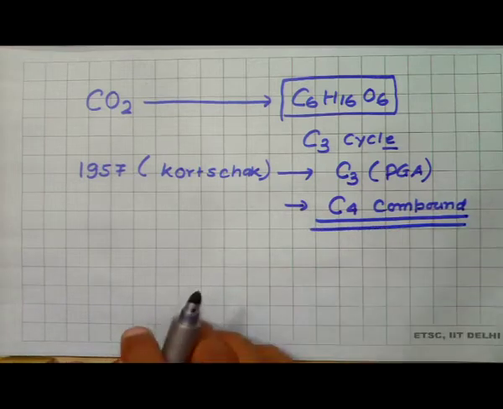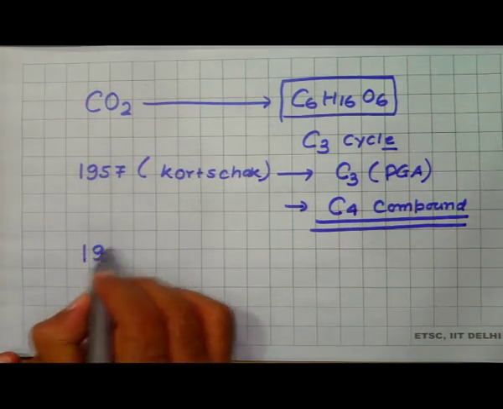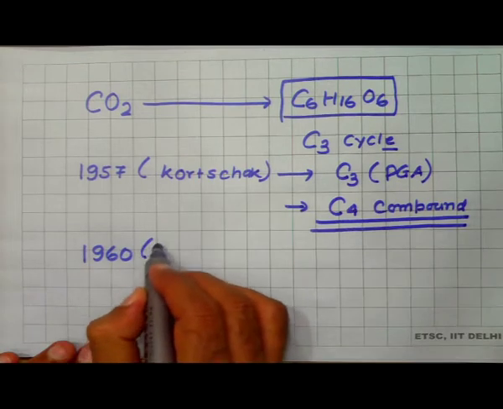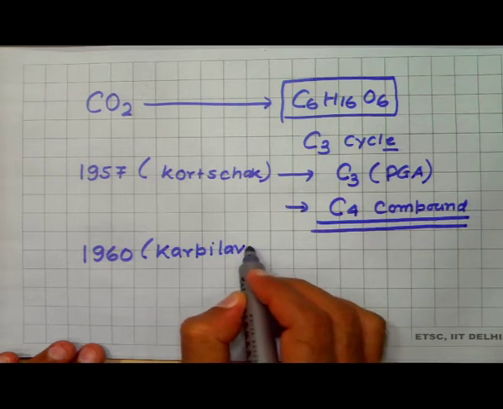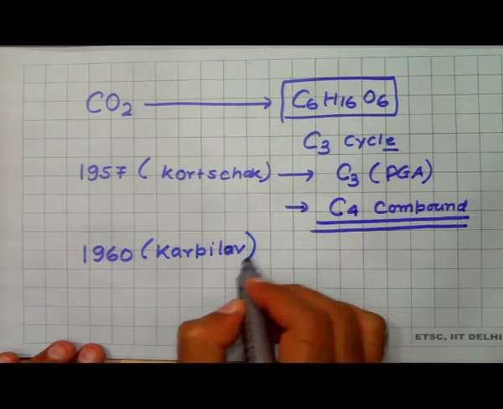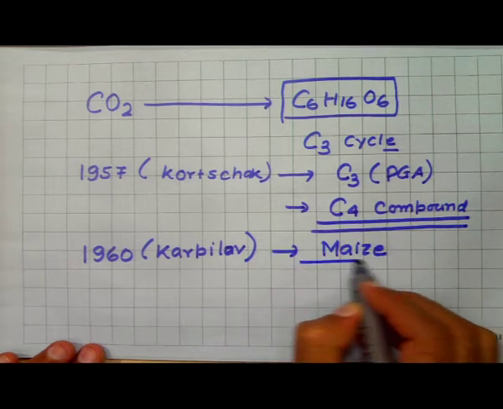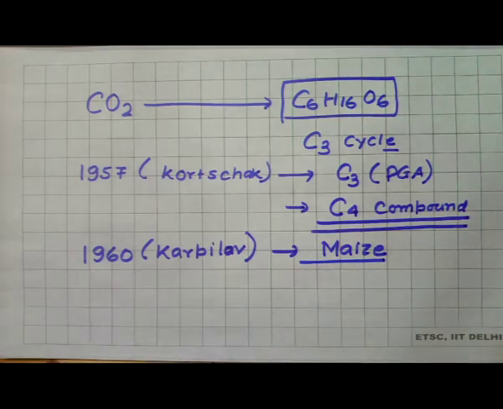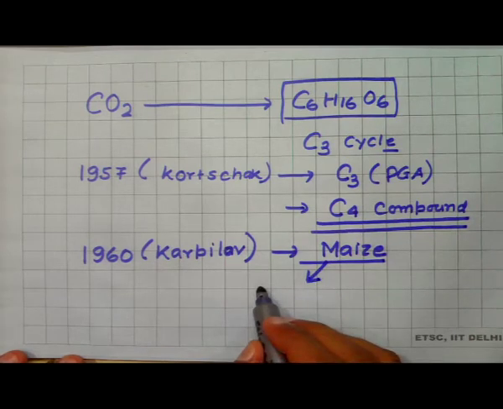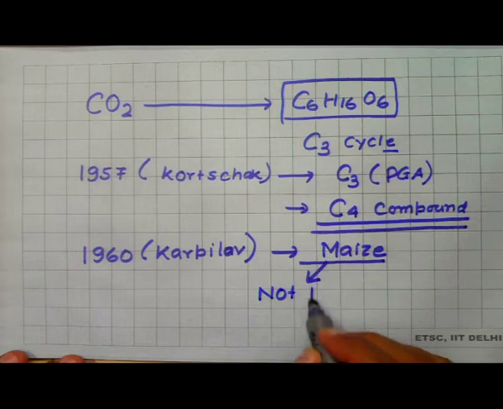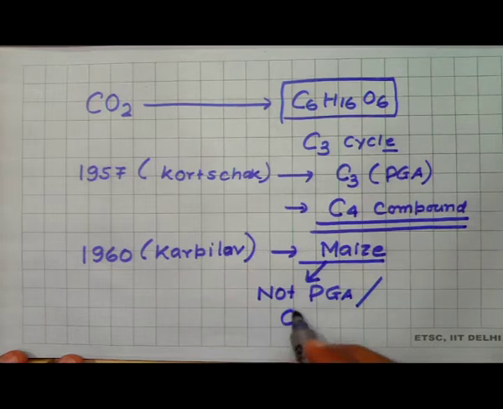Another scientist, in 1960, Karpilov, while working with the maize plant, was surprised that the first stable product is not phosphoglyceric acid; instead oxaloacetic acid is formed.